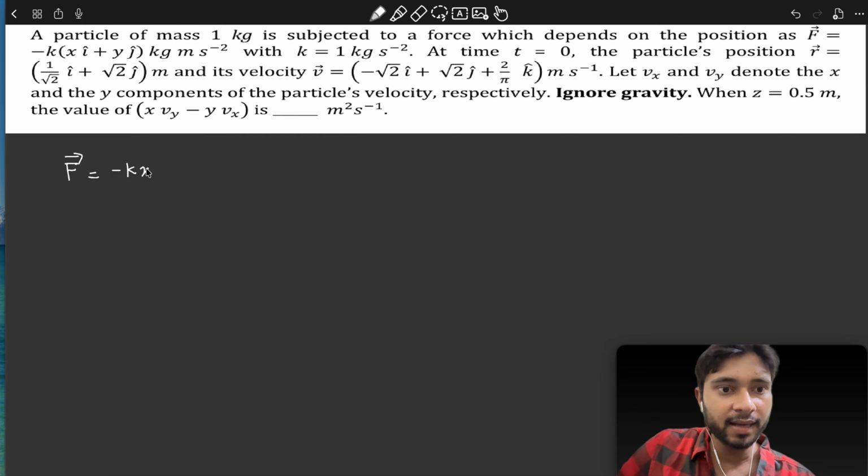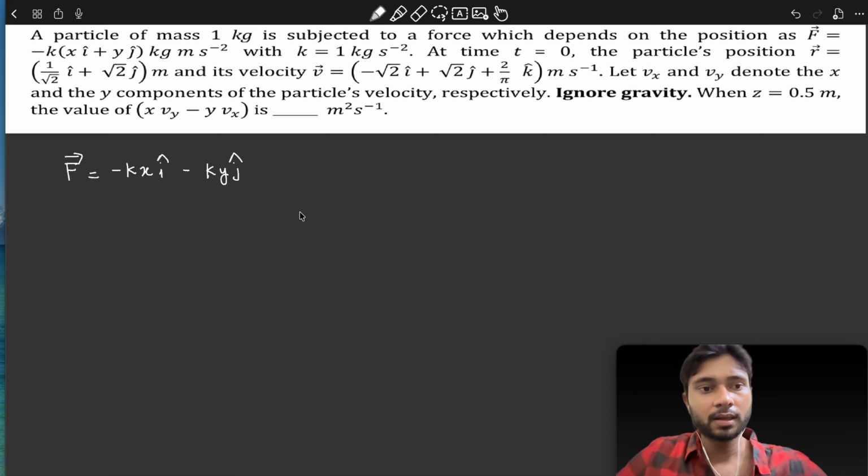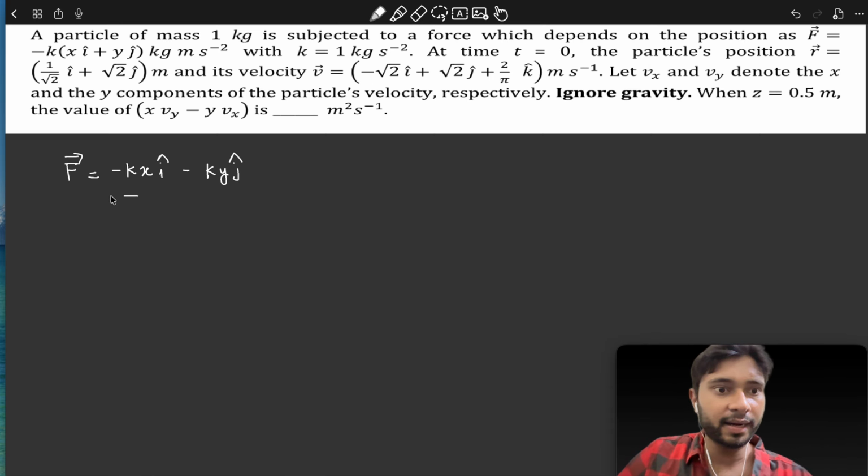It is given that force is minus kx i cap minus ky j cap. We can also write this as acceleration because mass is 1 kg, so force is nothing but acceleration.